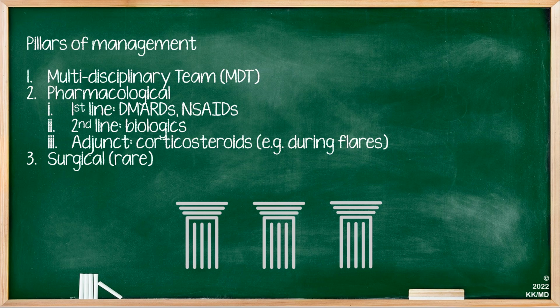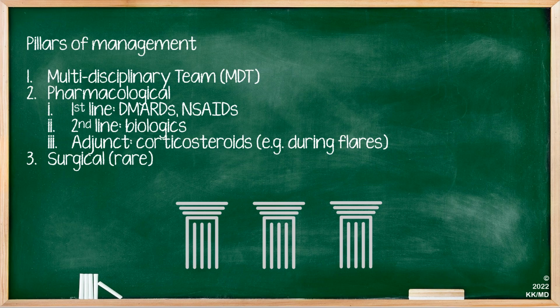Pharmacological approaches can be divided into first line and second line approaches, first line being disease modifying anti-rheumatic drugs, as well as simple analgesia. And second line drugs involve biologic agents, as well as the newer targeted synthetic drugs as well.